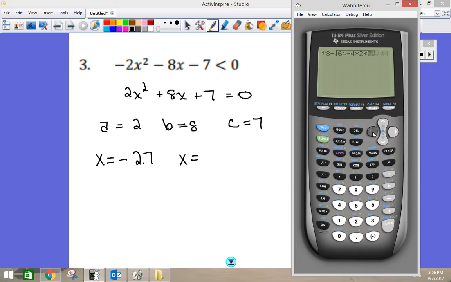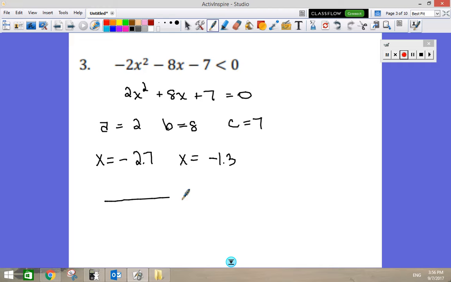Let's change that subtraction in the numerator to addition, and I get -1.3. Alright, so those are my critical points. Let's put those on a real number line. -2.7 is to the left of -1.3.